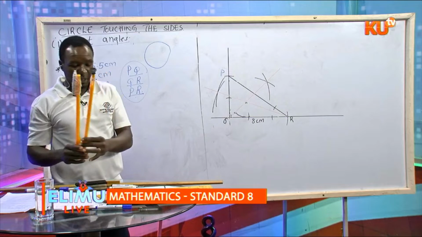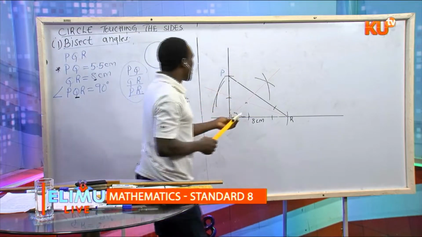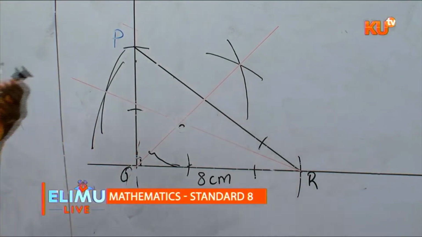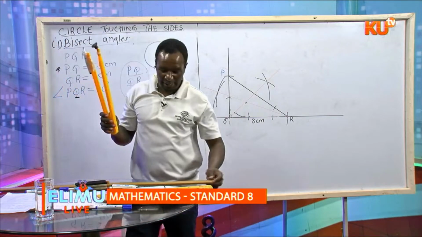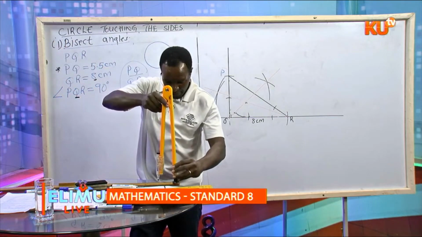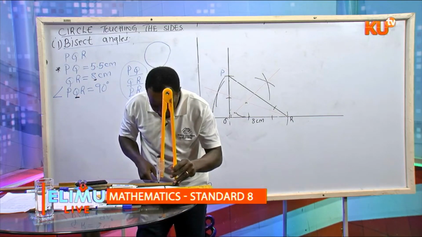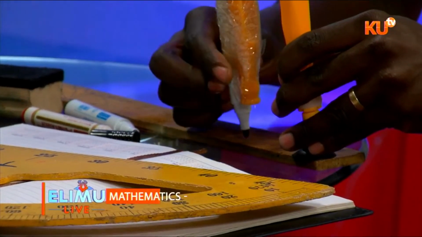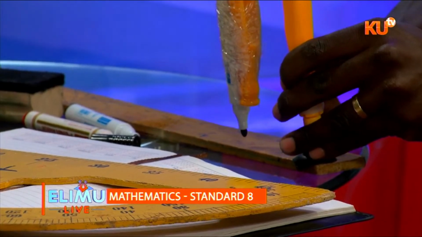During the examination or during your KCPE, don't struggle so much the way I'm struggling here with my compass. Just measure this, and you'll find that mine comes to 1.6 centimeters.